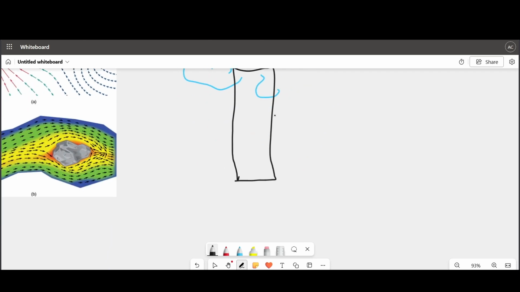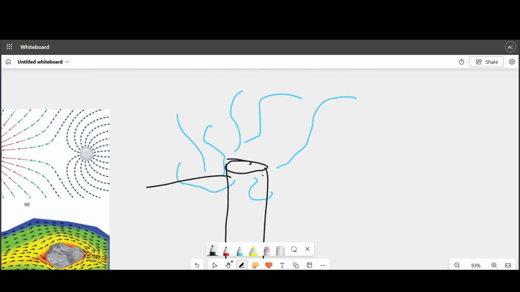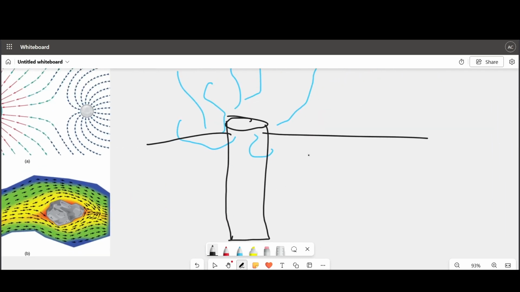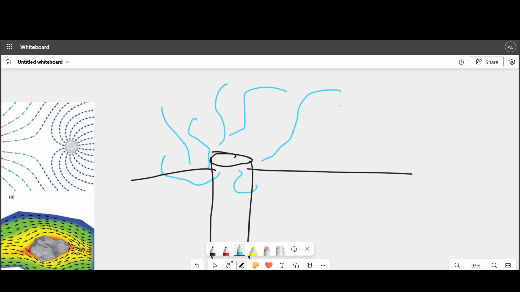But the example that really sticks in my head is, I can imagine a hole right here. And around the hole, there's basically just water flowing.